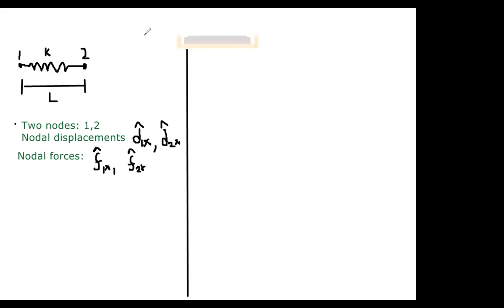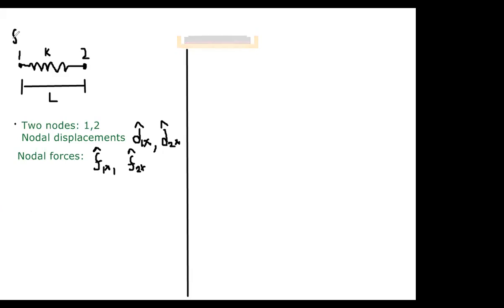Now what happens is the spring is going to be loaded with a force, and then it will undergo some displacement. So let's assume this spring is loaded with forces F1x and F2x.